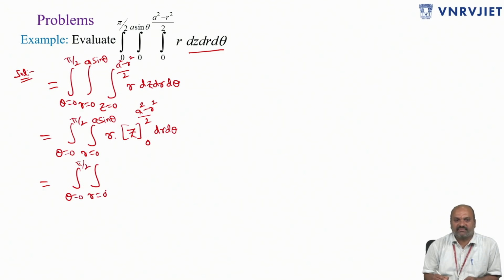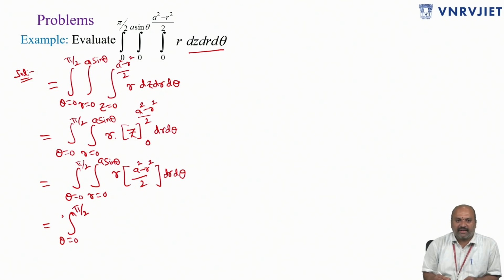Therefore it is equal to the integral theta varies from 0 to pi by 2, integral r varies from 0 to a sin theta, and r. Let's substitute the limits. Instead of z, a square minus r square divided by 2. The lower limit has no contribution since it is 0. dr d theta. This is equal to the integral theta from 0 to pi by 2.